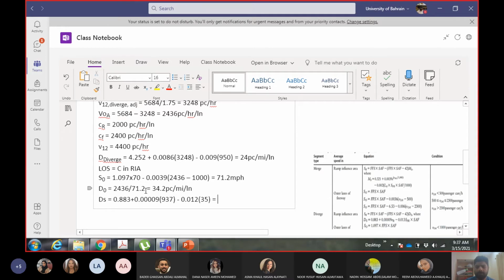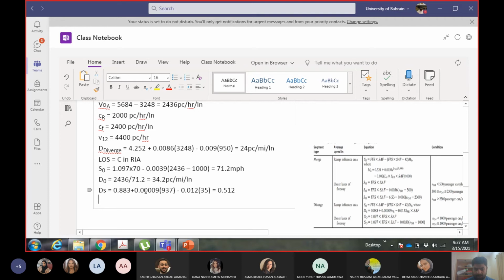So how much is this? 0.512. The units are not given, I'm not sure about it, so I'll just leave it. A student notes there's a typo. It's 0.013, not 0.012, in the last term. Okay, thank you.